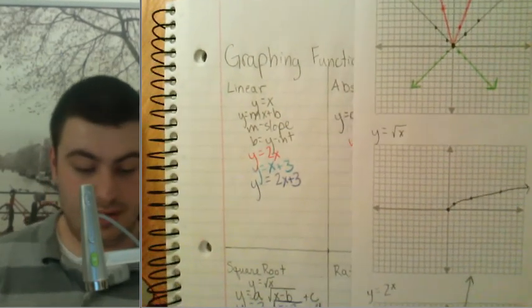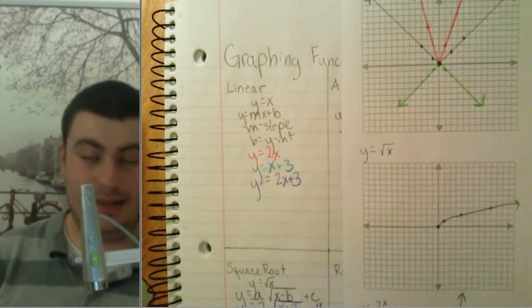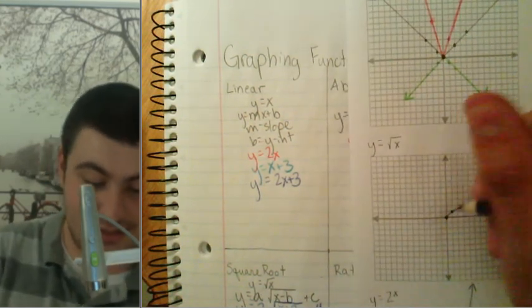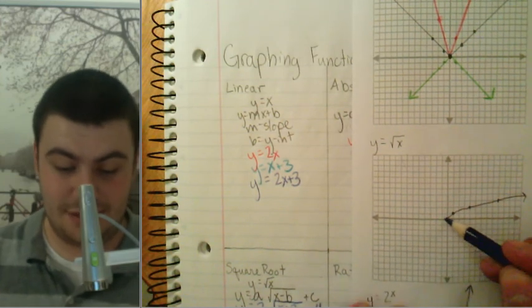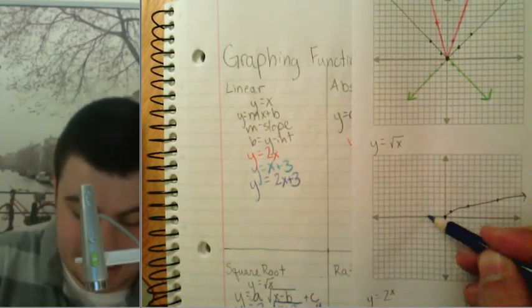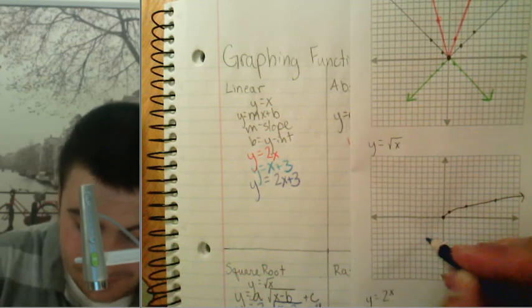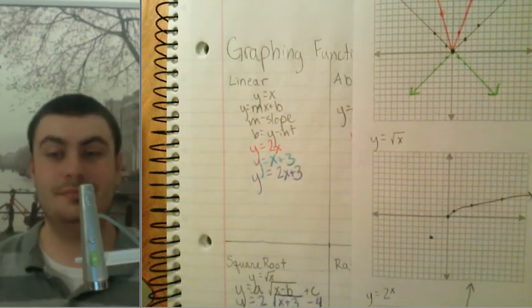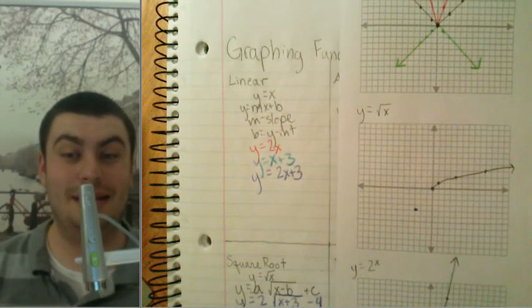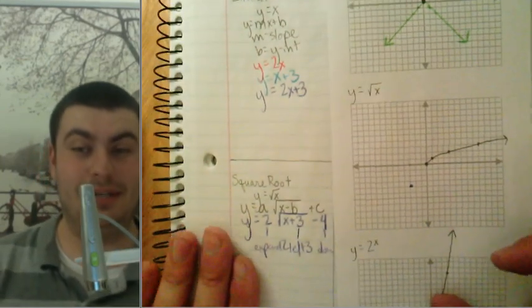So again, if I plug it in, I start at 0, 0. But notice I'm moving it to the left 3, 1, 2, 3, and down 4, 1, 2, 3, 4. So my starting point is going to be way down here for my square root function right there.